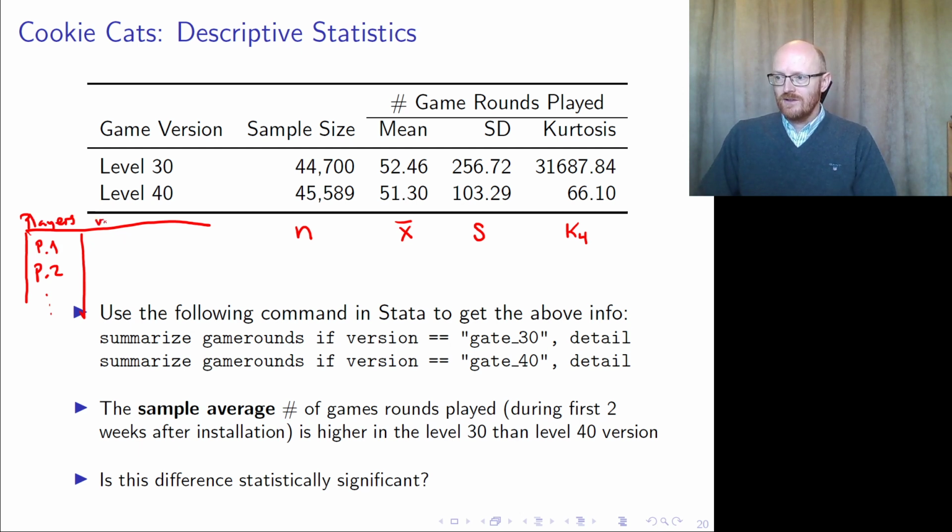And then you have a version, and that would be, for example, player 1 was assigned gate 30, which is the new gate, okay, the new version, and player 2 was assigned gate 40, okay.